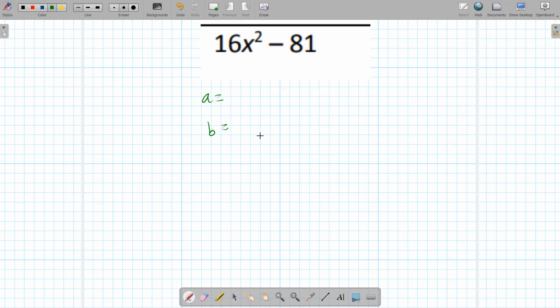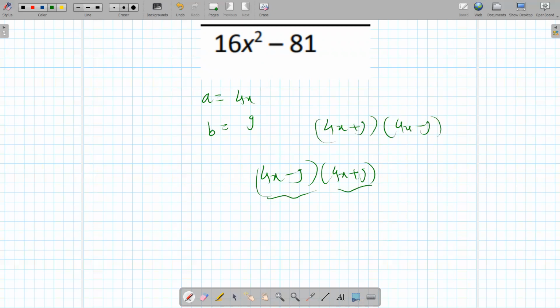Yeah, so you have 4x here and 9 here, and you can rewrite this as a minus b times a plus b. You can also write it as a plus b first. It doesn't make a difference. You can write a plus b first, and then a minus b second. The order doesn't matter. Only what a and b are matters. And the sign has to be different in the middle.